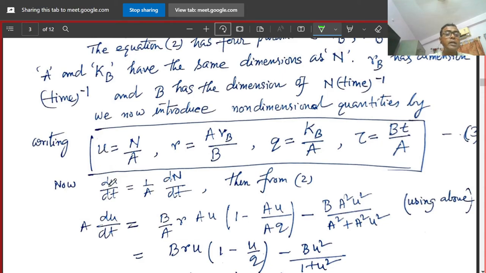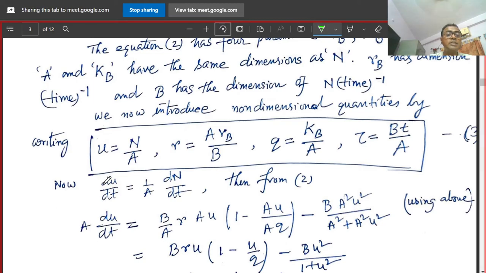So here du dt is equal to 1 by A dn dt, where A is constant. Here u is a function of t, n is also a function of t. Then from equation 2, A into du dt equals B by A, r into A into u, bracket 1 minus A into u by A q, minus B into A square u square by A square plus A square u square.